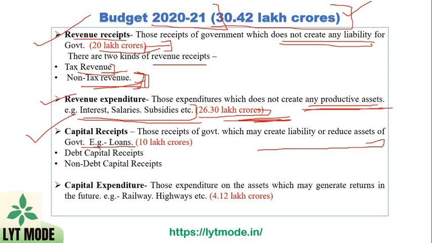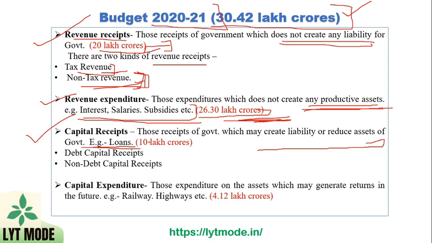So capital receipt is basically loans, market borrowing including special bonds, external loans raised by the central government, net recoveries of the loans and advances made by the central government, provident fund, state provident fund, public provident fund, and proceeds from the disinvestment of the government equity in public enterprises.